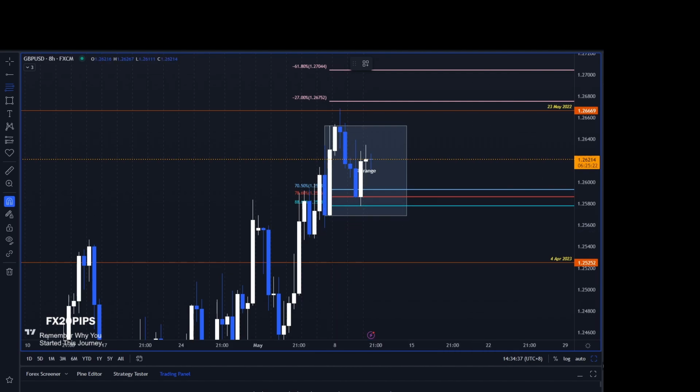Very simple. Price goes down to here. Where did the buyers come from? Right here. The buyers push it all the way up. And time's up, another candle. The buyers keep pushing up.